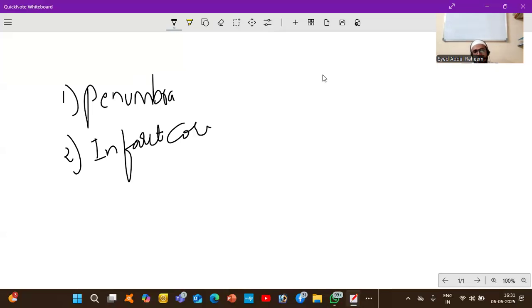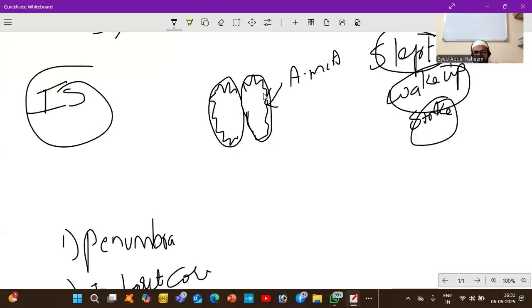This is the damaged area. In the damaged area, the blood volume and blood flow are both reduced because of the clot.